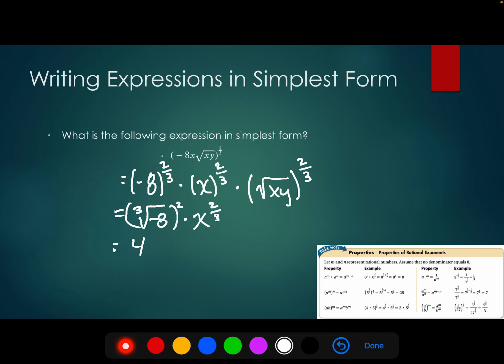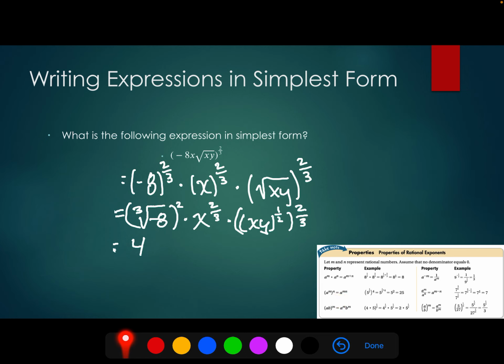Well, we can rewrite that as xy to the 1/2 power, and that's raised to the 2/3 power. Now we can simplify that even more. We have this power here being raised to another power. So when we do that, we take a look down here, we multiply those exponents.